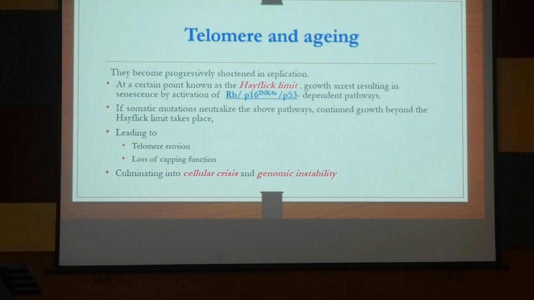And if there is replication beyond the Hayflick limit, there will be no process of stoppage of replication. The cell is going to replicate again and again and again. Unstoppable replication. That will cause the formation of a tumor. Uncontrolled growth. Uncoordinated, uncontrolled growth. Localized growth is known as a tumor.